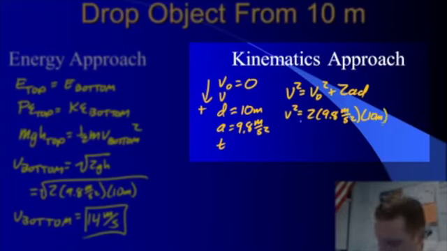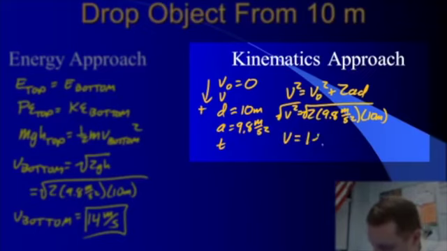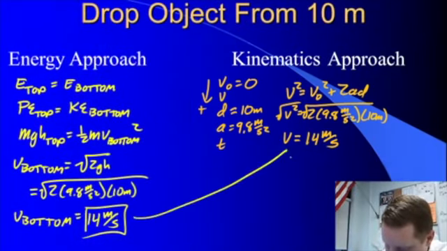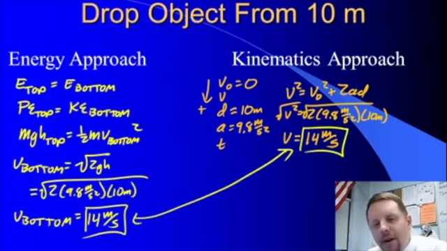If I have v squared, I take the square root of both sides to find v, and I come up with a velocity of about 14 meters per second. Who'd have guessed we get the same answer either way? Kinematics or our energy approach, conservation of energy. And of course, we should get the same answer. A couple different ways to solve the same sort of problem.